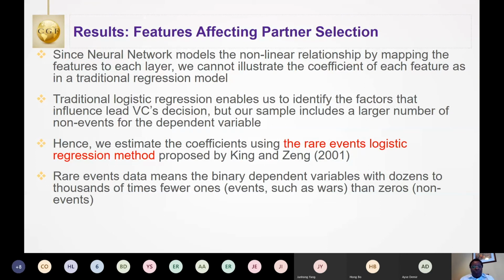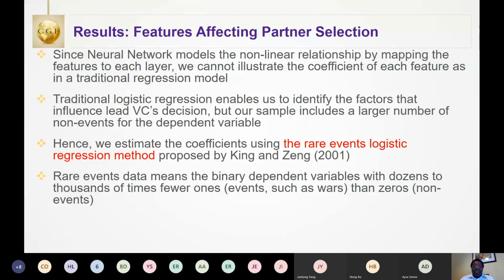And here we estimate the coefficients using the rare events logistic regression model, which was developed by King and Zheng in 2001. With a few modifications, this rare events logistic regression model is able to capture a multitude of possible variations, possible reconfigurations of the binary dependent variable with dozens of thousands of times fewer ones than zeros.